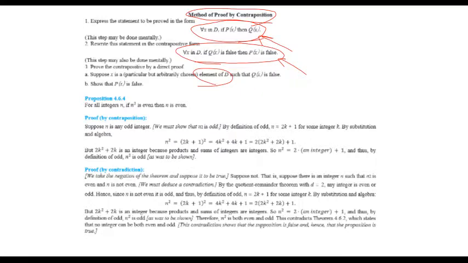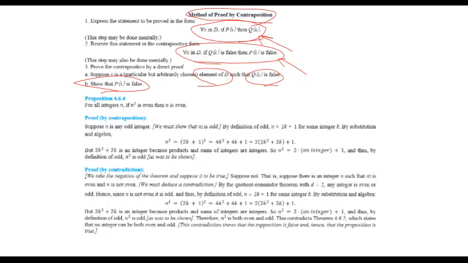To do this, we need to suppose x is a particular but arbitrarily chosen element of D, and we assume that Q of x is false, right? And then after assuming that x is such an element which belongs to D and Q of x is false, we need to prove that P of x is also false. So these are the steps of the method of proof by contraposition.